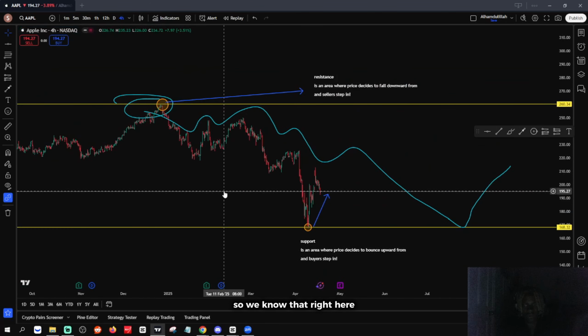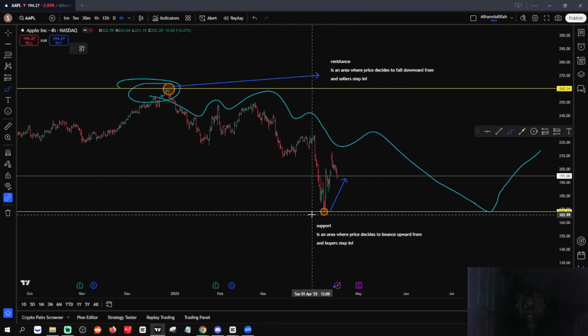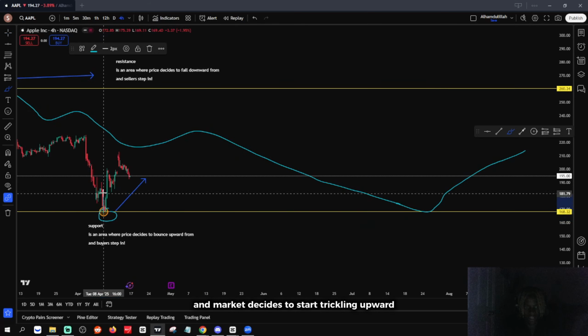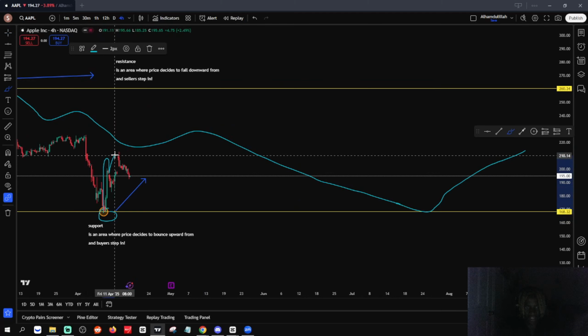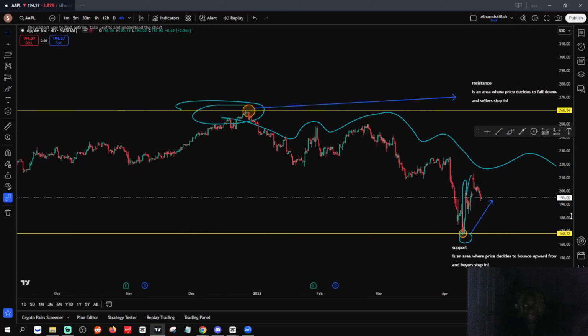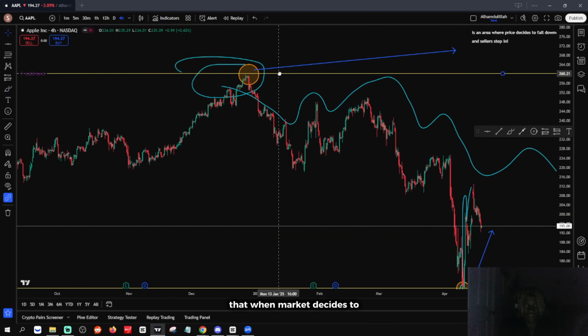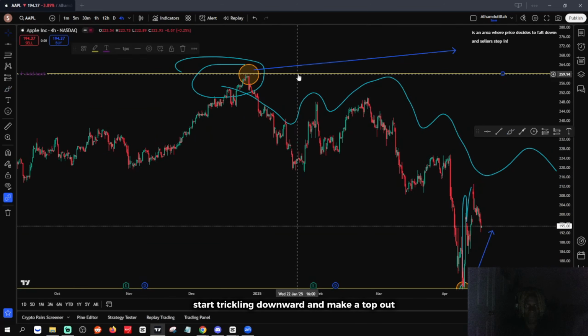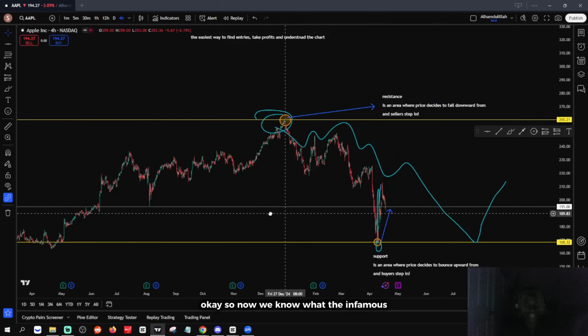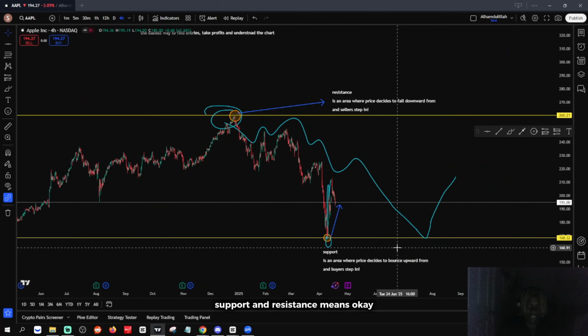So, we know that right here, support is going to be an area where buyers step in and market decides to start trickling upward. And we can signify from the top of the yellow line that when market decides to start trickling downward and make a top out, that's going to signify an area of resistance. And then sellers step in. Okay, so now we know what the infamous support and resistance means.